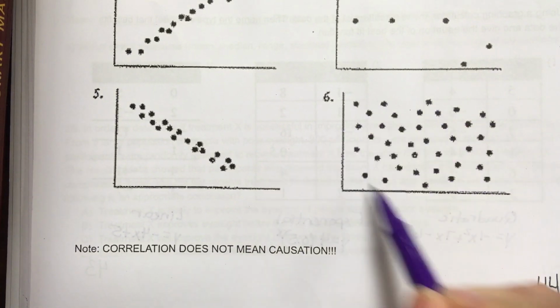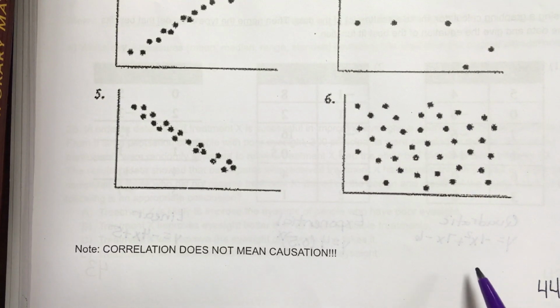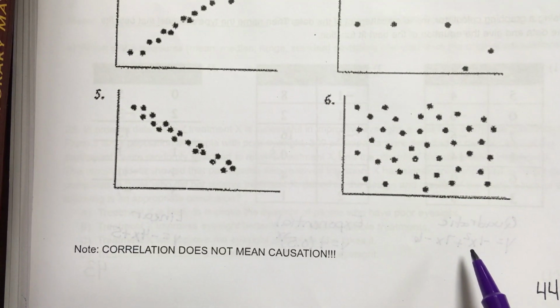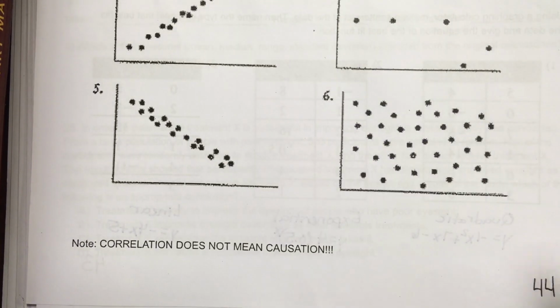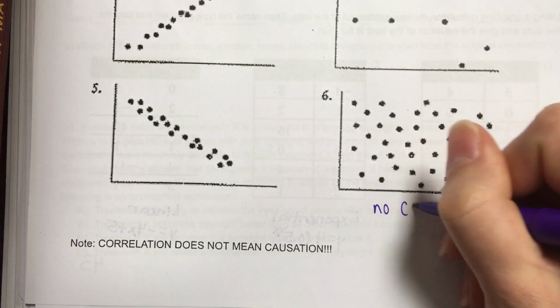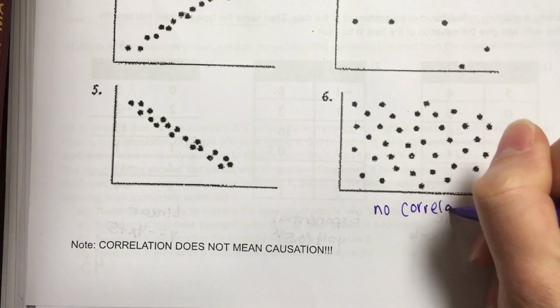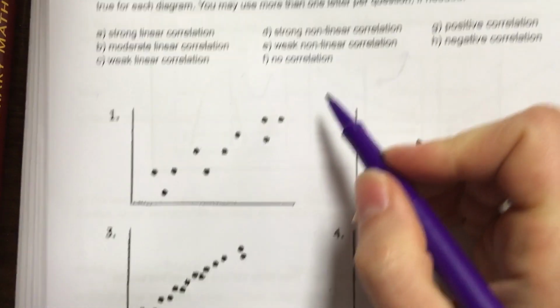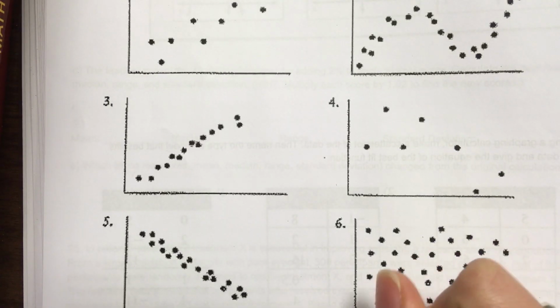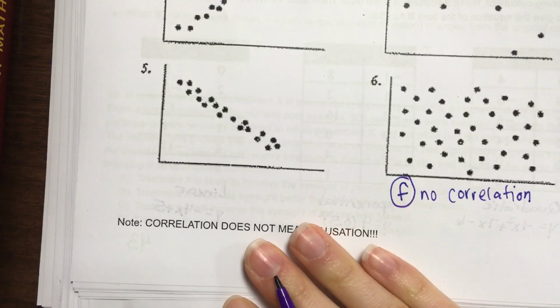There is no relationship here. I've got points all over the place. There's no correlation between if this variable increases, what my other variable does. So 6 is no correlation, which would be, if I use my code up here, F. F, no correlation.